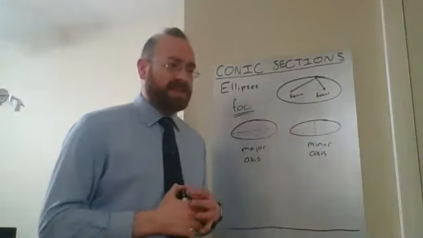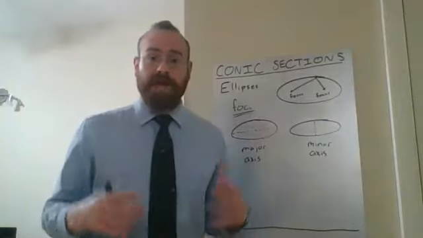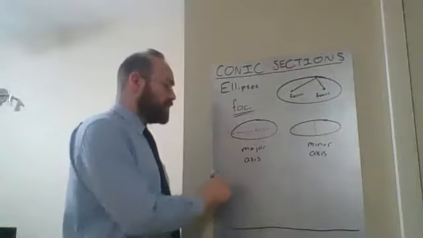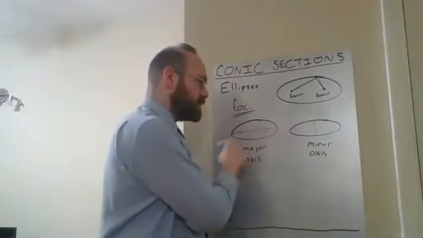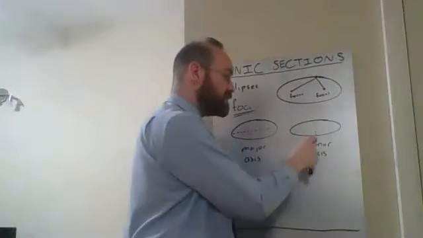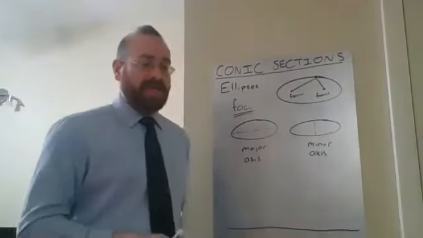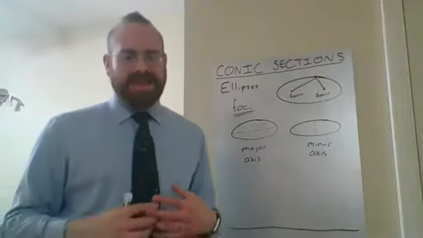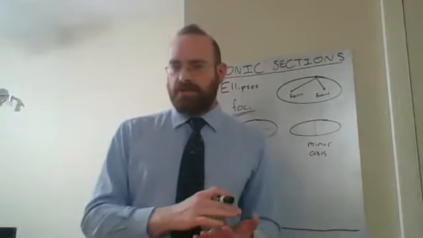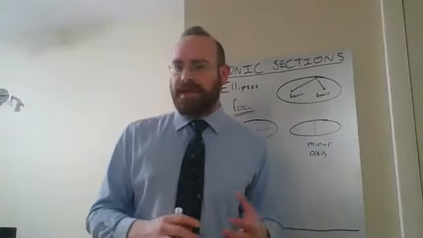There's a couple other things that ellipses have in terms of vocabulary that we need to build. So the long distance across the ellipse is called the major axis. The short distance is called the minor axis. In a sense, these are like a circle. It's been squished a bit, so now it has two different diameters.